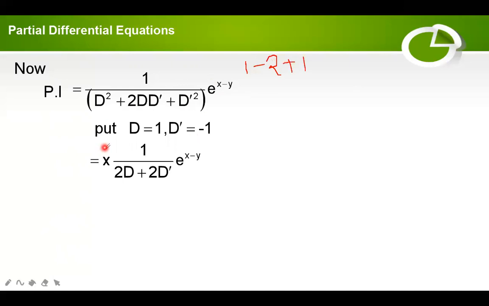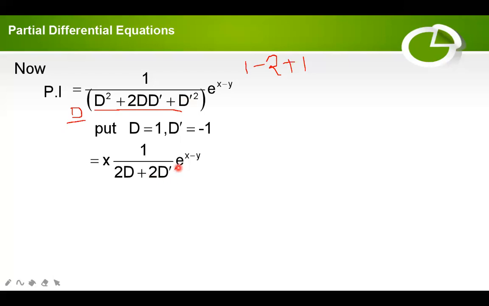In case of 0, what to do? We differentiate this f of D, D dash with respect to capital D. The derivative of D square is 2D; with respect to capital D, D dash is constant so that term is 0; the derivative of D is 1, and 1 into D dash gives D dash. We get 2D plus 2D dash. Now we check again.